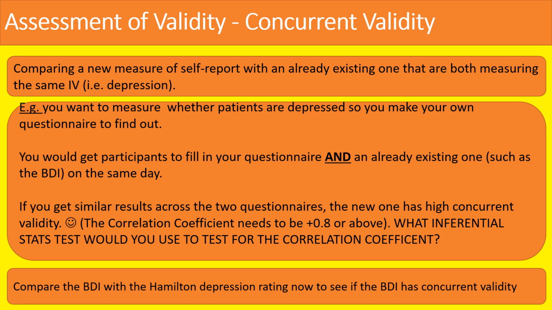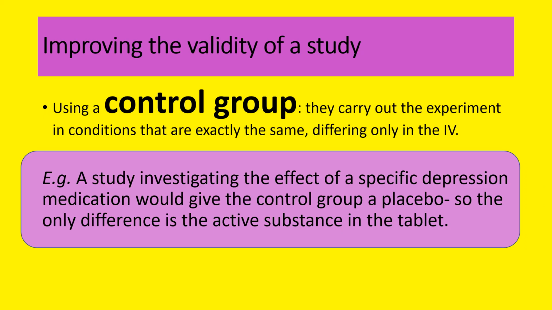Then it's the same person does the 2 different questionnaires, and then you compare their scores. And if their scores correlate by 0.8 or more, then that tells us it is a valid measure of what it is.